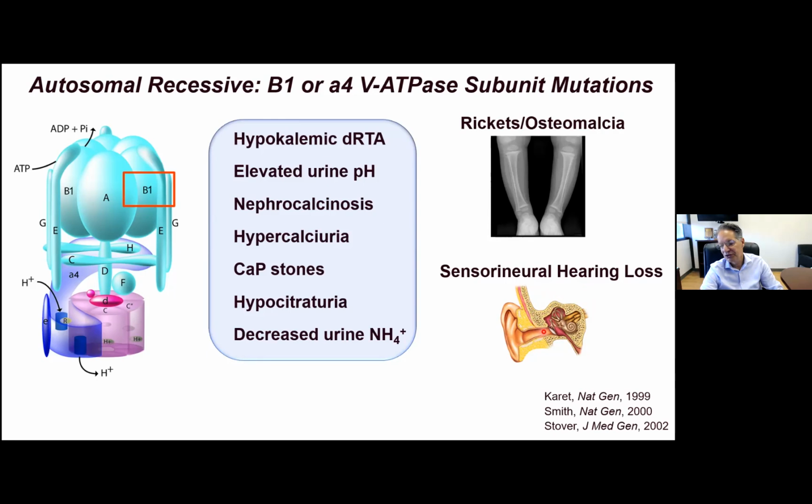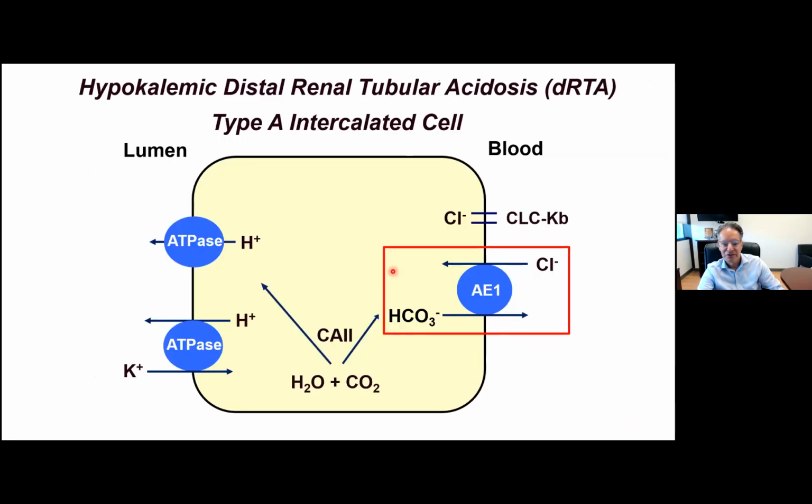And so if you don't acidify the cochlea normally, you can't hear. And I don't have time to get into that today, but just know that it's not only important for urine acidification, it's important for hearing also. So that's just the A4 subunit, which can also be involved.